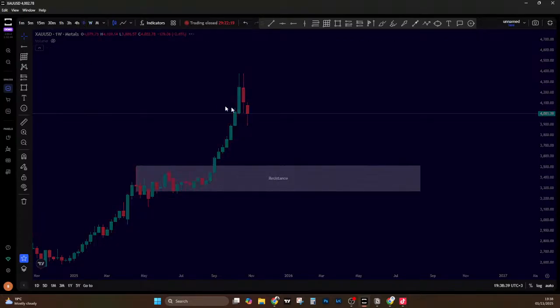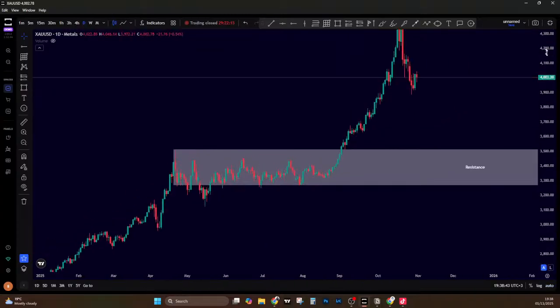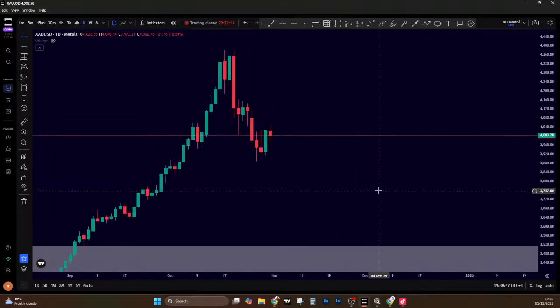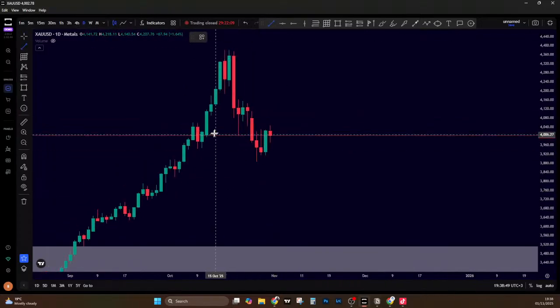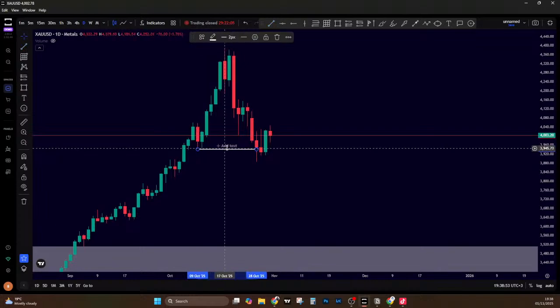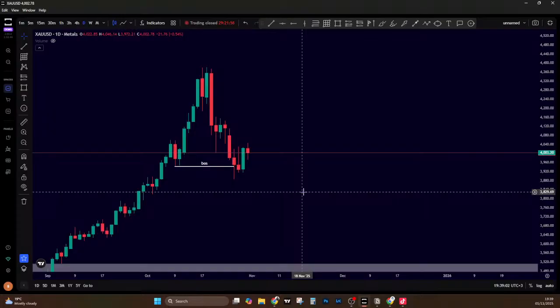Let's do daily. And we can see, at least now there is something. We can see that the market broke structure here. Okay, so it is giving you signs that we want to sell.